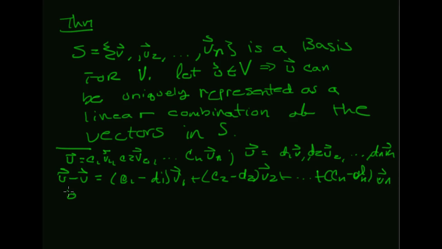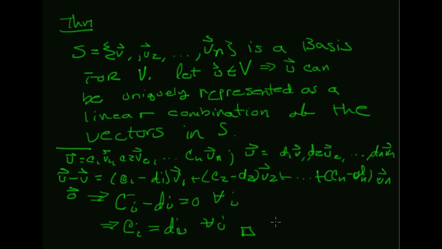But since this is the zero vector, and v1 through vn is a basis and thereby linearly independent, this means that ci minus di has to equal 0 for all i, which means that ci has to equal di for all i, which means that the representation is unique.